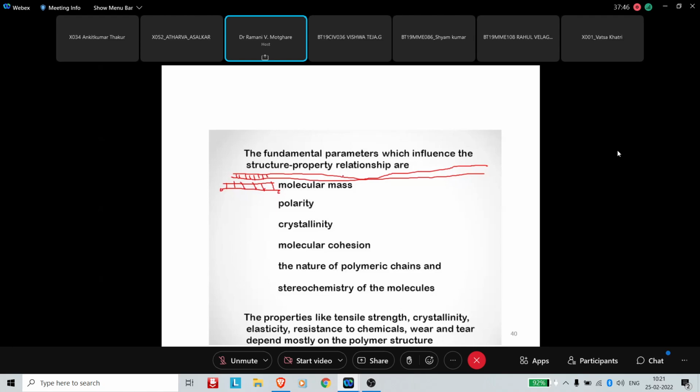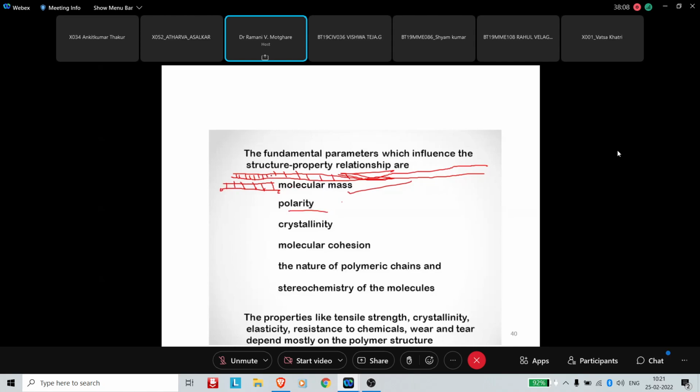But a long molecule will have a large number of intermolecular forces of attraction, and therefore, if the molecular mass is high, the polymer will have better structural properties, better resistance to abrasion, and be hard and tough.